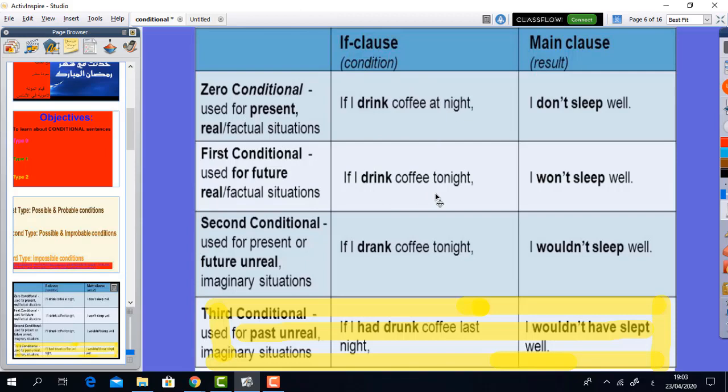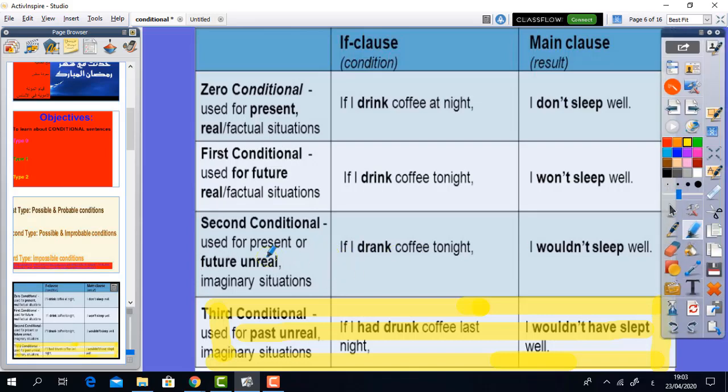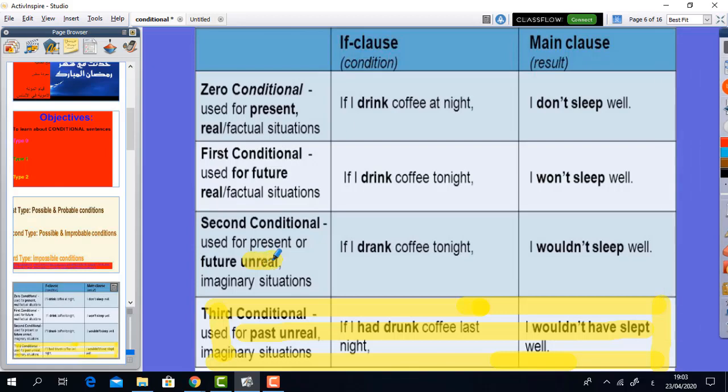If I drink coffee tonight, I won't sleep well. We will see this again. Second conditional or conditional type 2 is used for present or future, unreal, imaginary, impossible or practically impossible situations.